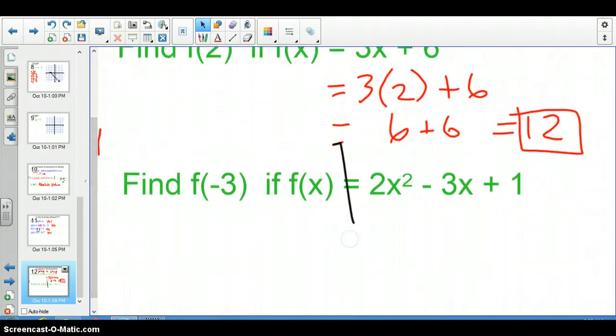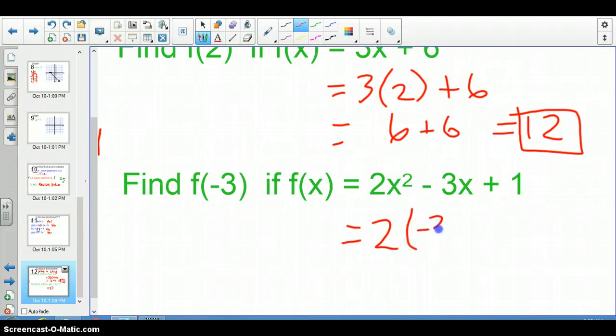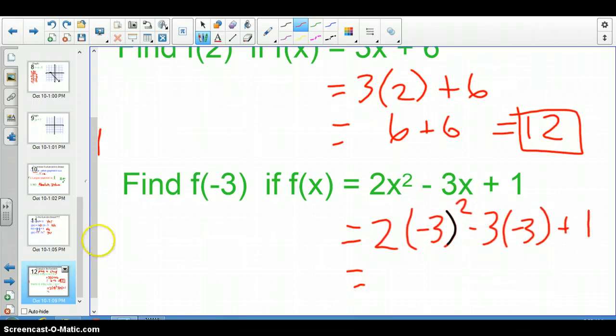So here, 2x squared, this isn't a linear function, but I'm still going to evaluate it. So I'm just going to plug it in for x. So I'll do order of operations. Negative 3 squared is 9.